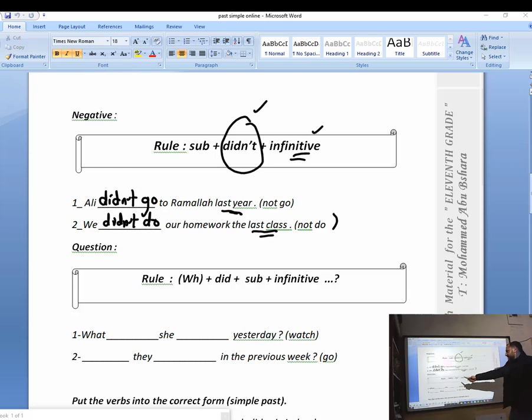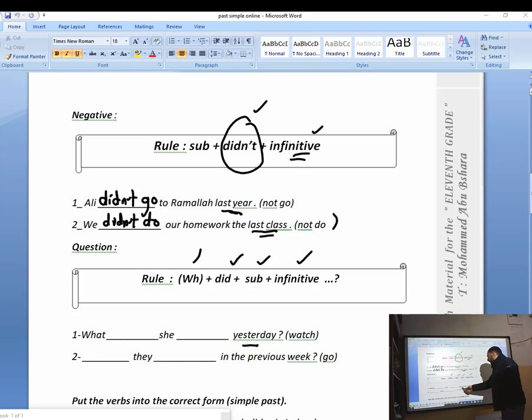Of course, the rule is WH, sometimes the question is WH, sometimes not. So WH does not always exist in the question. After it, did plus subject and then the infinitive. Did, subject plus the infinitive. The first question: what she watch yesterday?